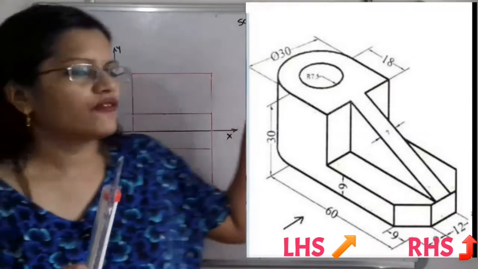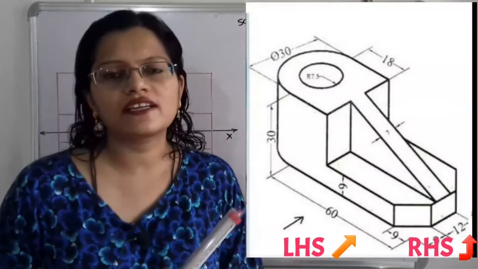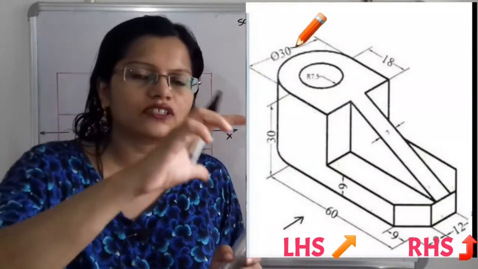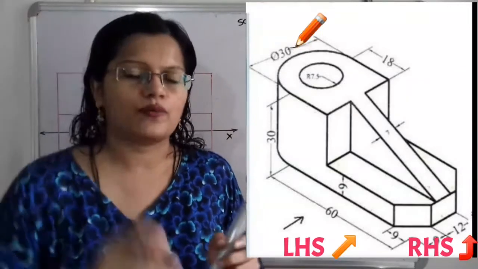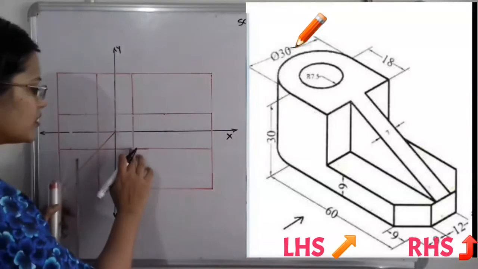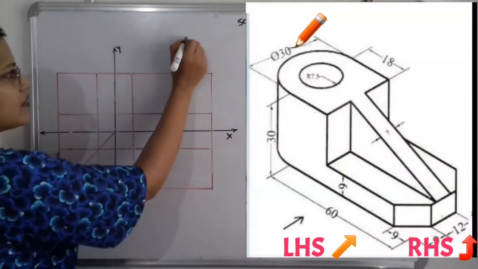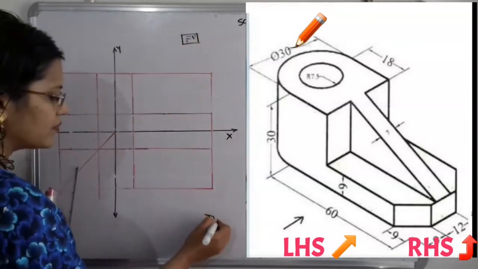If we observe this object from the top, we can clearly observe the total length and the total width. We cannot observe the height from the top. So this is the length that is aligned with the front view. I will write here: this will be our front view, and here will be our top view.